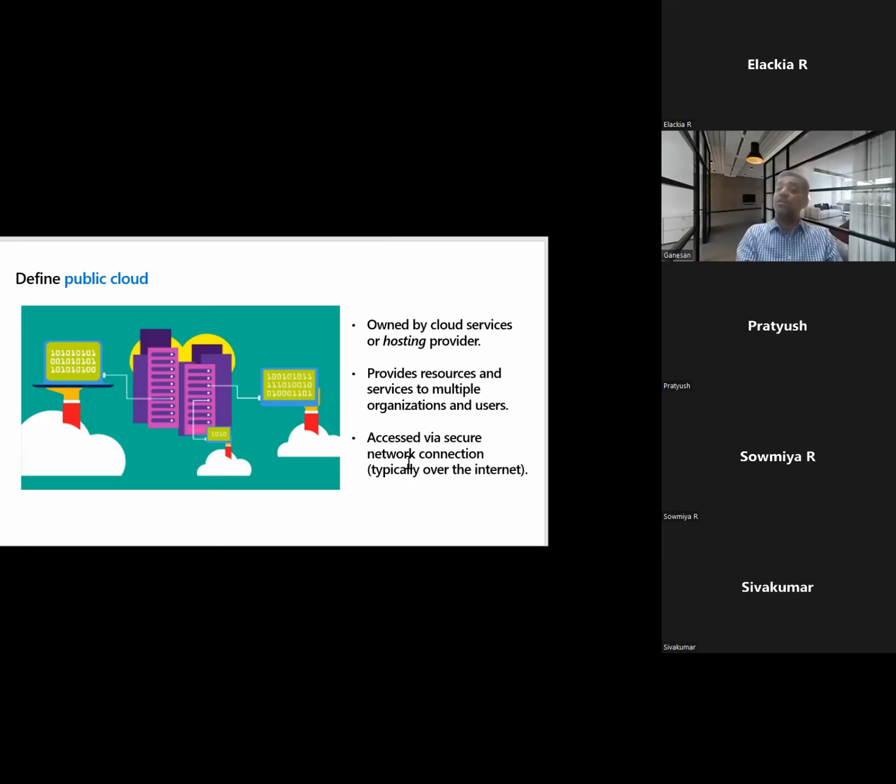Plus, you are already used to Microsoft. If I go to any company, they already have Power BI, Active Directory, all the Windows products. So that's why they want to go with Azure. And the third one is user-friendliness. These are the three reasons Azure is growing exponentially in the cloud market.